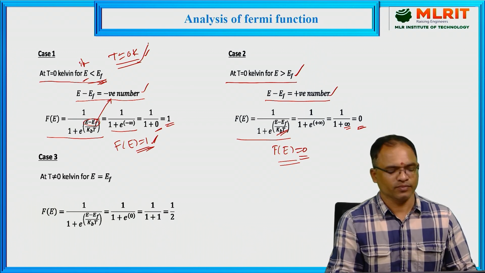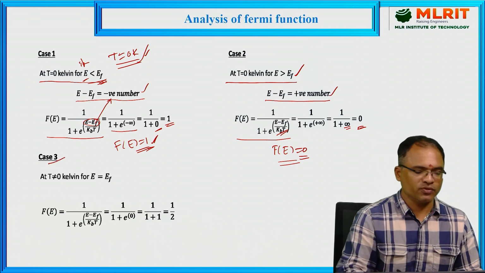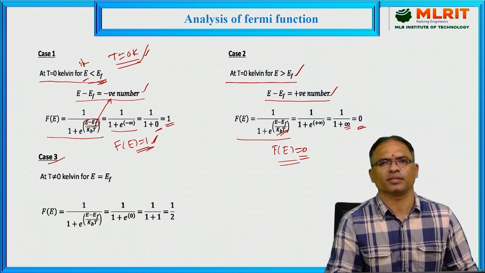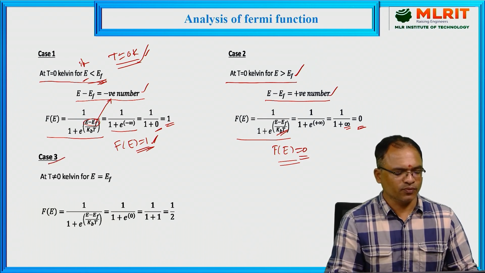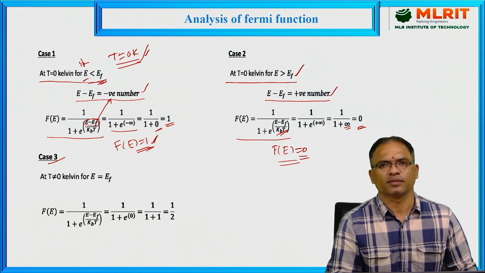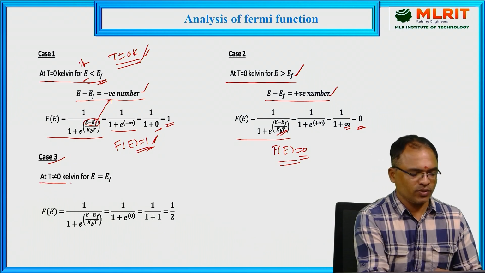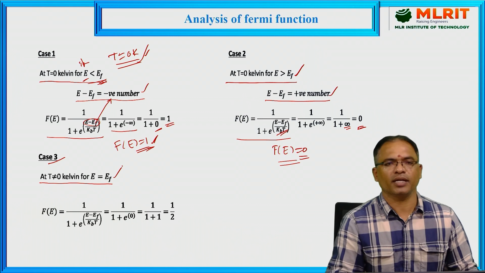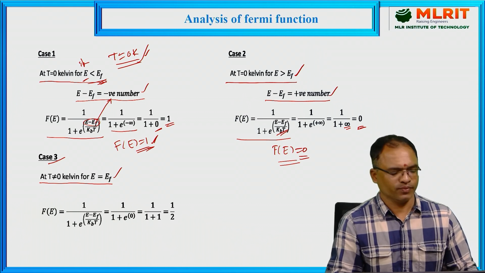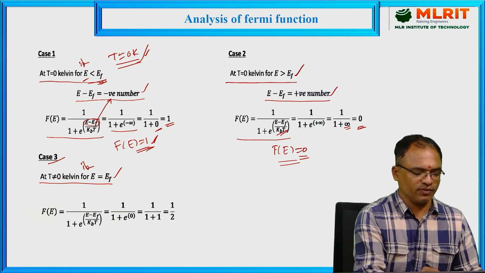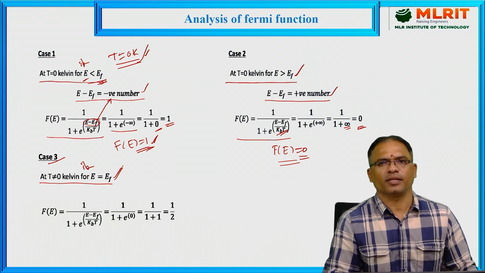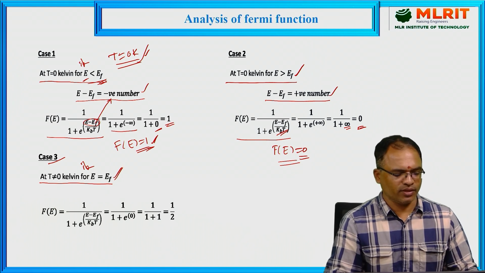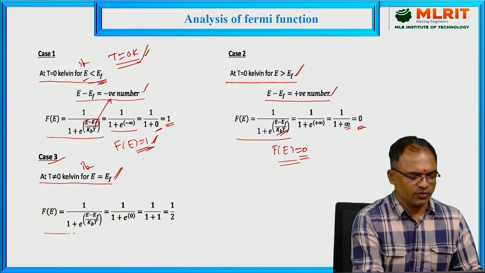Now the third case: what happens when we increase the temperature of a substance? That is the condition we are taking. At T not equal to 0, if E is equal to EF, what happens to the Fermi function?